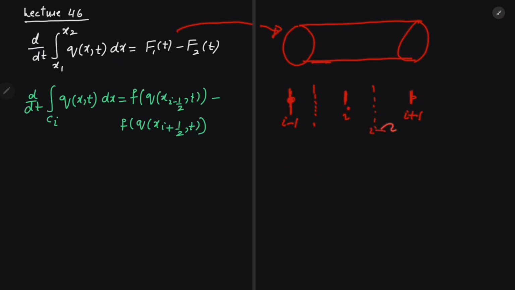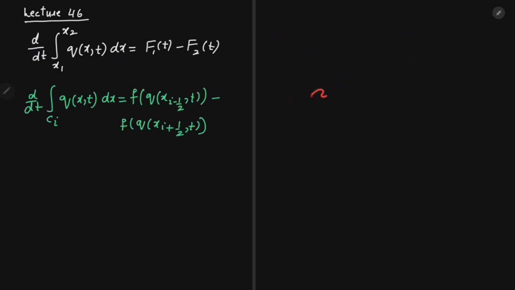So that will be i+1/2, and this is i-1/2. So this numerical scheme is acting like a geometry of this physical domain. Okay, so that's the equation of the numerical method.